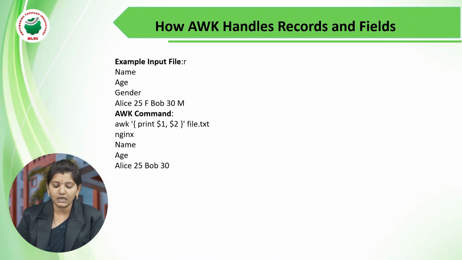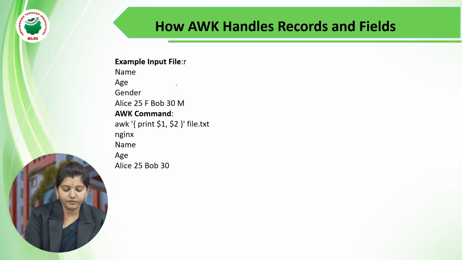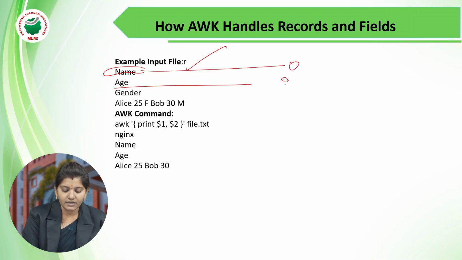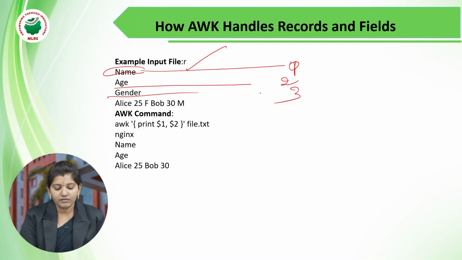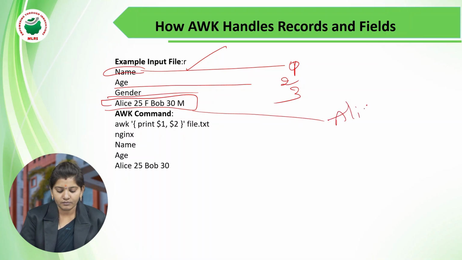And coming to how AWK handles records and files. Here we take an example input file. In this file we have name as the first field, age as the second field and gender as the third field. The first record is name Alice, age 25, gender female.